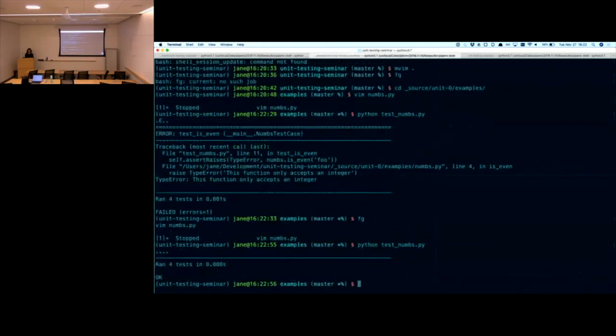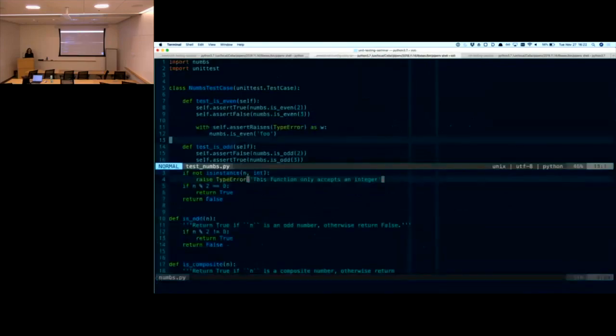There we go. Okay. Let me just explain what just happened. So assertRaises is a special assertion method in unittest that wants you to call it in a context manager instead of just calling it as a method. The context manager is this with syntax in Python.